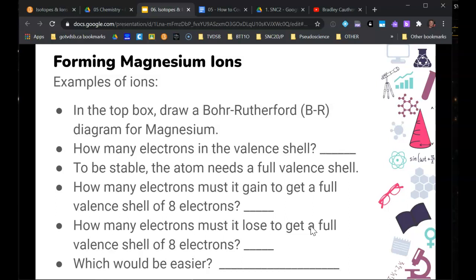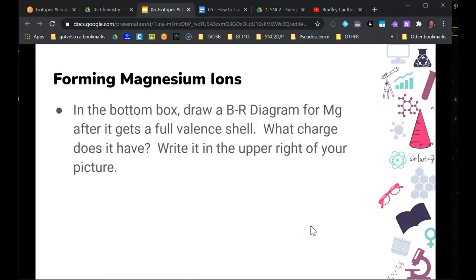Well, what's going to be easier to do? Gain 6 or lose 2? Well, losing just those 2 electrons is going to be easier to do. So what's going to happen? Magnesium is going to lose 2 electrons. Now, here's the tricky part. If magnesium loses its 2 electrons, how many electrons does it have in the outer shell?